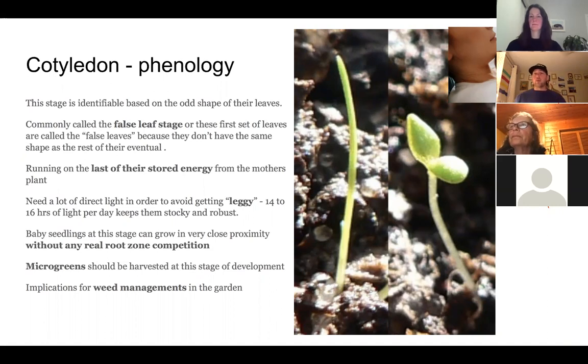And then I would also point out, because I'm talking about microgreens here, that this rule of giving seedlings 14 to 16 hours of light per day doesn't really apply in this context. You're going to harvest the microgreens pretty much at this stage. So if they get less light and they get leggy, that just means you get more of the microgreen to eat faster.